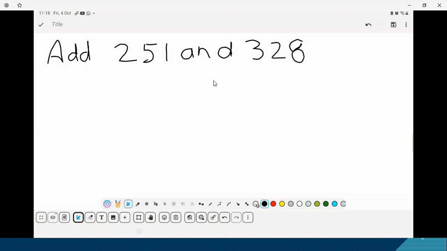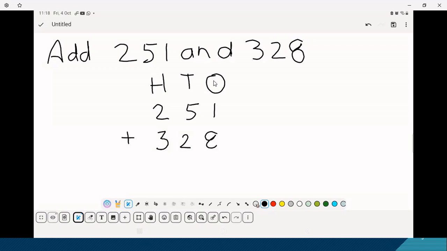Simply we have to write in HTO pattern, that is H, T, and O. So we write 251 in HTO pattern, and then with the sign of addition we write 328 in HTO pattern. Now simply we have to add these numbers.